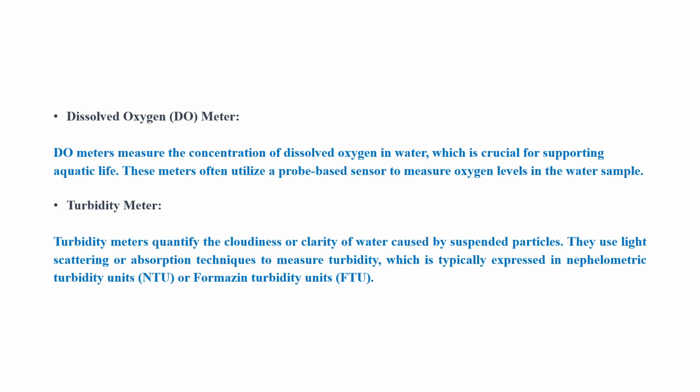The unit depends upon the wavelength of the light, and the unit is nephelometric turbidity units, NTU. We use this for measuring turbidity, determining the degree to which particles suspended in a solution decrease the intensity of light, that is, to what extent the sunlight is able to pass through it.